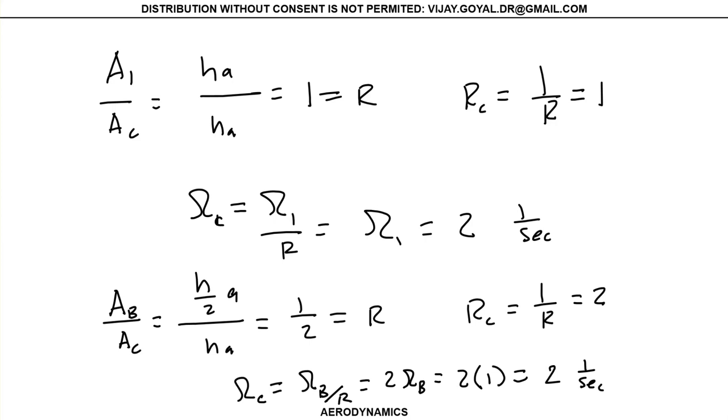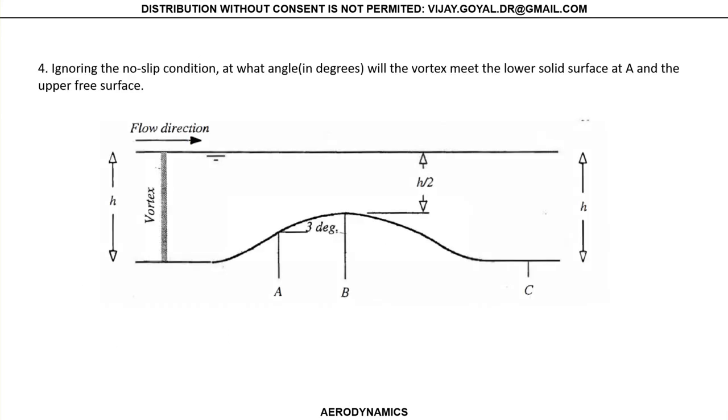Okay? Now, the next question: if I ignore the no-slip condition, what angle in degrees does the vorticity meet the lower surface at point A and at the upper surface? Well, we already said here that at this surface right here, my vorticity is going to do something like this. My vorticity bends.